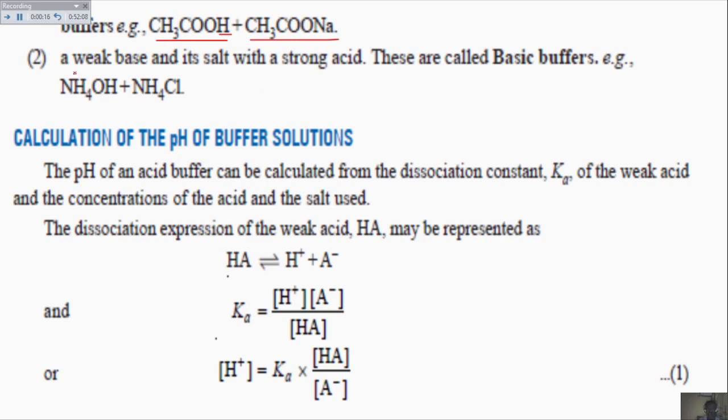The other type is a weak base together with its salt with a strong acid. Automatically here, this is called a basic buffer. This is a weak base.